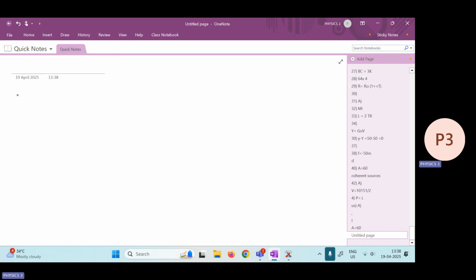The third question. In the third question, we are given a disk of mass m and radius 2 meter hinged, keeping its axis horizontal. If the angular acceleration of the disk is 2 radian per second square, then find its moment of inertia. Okay, so this is the situation we have been given. F is 10 Newton and the radius is 2 meter.